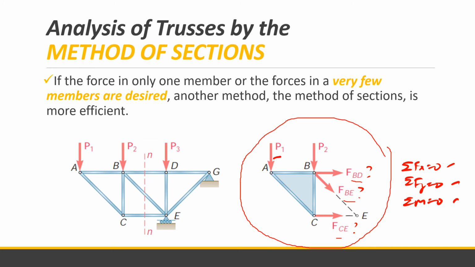Okay, so this is a given. You can also, for example, cut the section here, and use the other section. So this is FCE, FBE, and FBD.